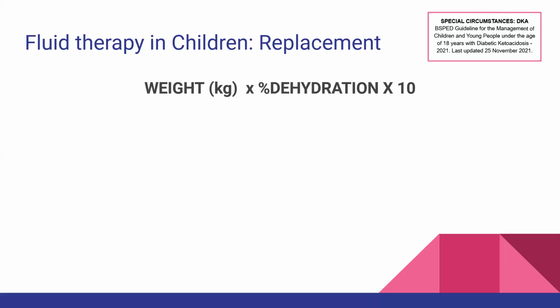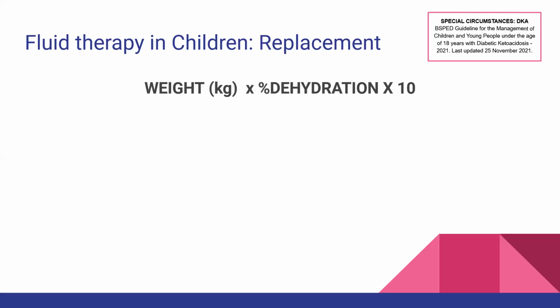And if you've got a child that's dehydrated, and we'll talk about how you're going to know that they're dehydrated, but let's just go, they are dehydrated, what are we going to do? To calculate how much they need to be replaced, you need to think their weight times their percentage dehydration times 10.